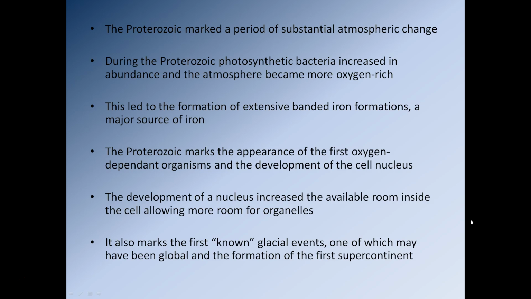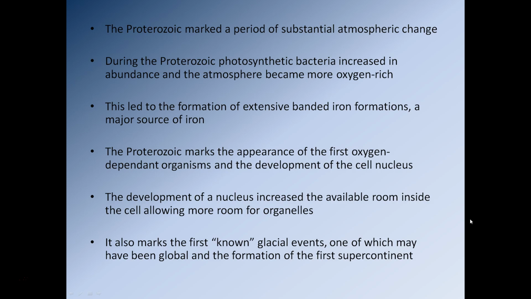And these banded iron formations are very, very important. Number one, from a scientific point of view, they tell us about the atmosphere becoming more and more oxygen rich. But they're also important from a mining point of view, because banded iron formations are the source of most of the world's mineable iron.